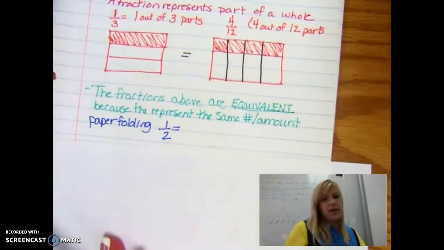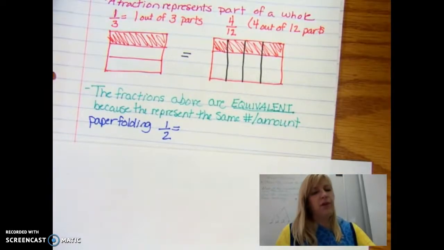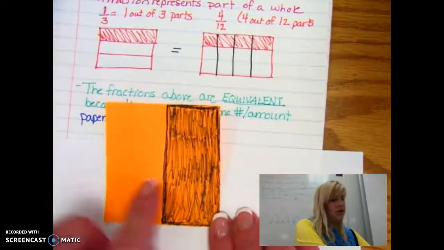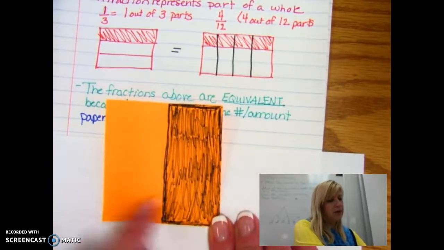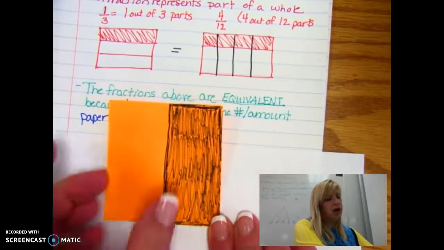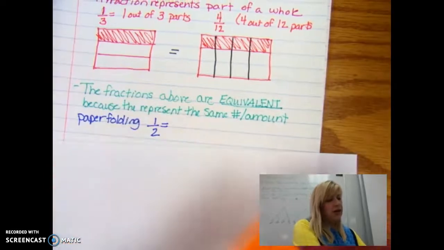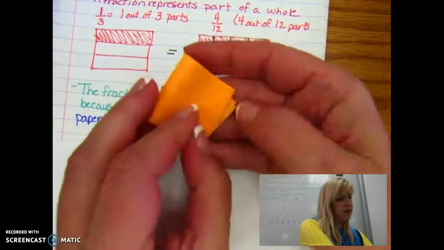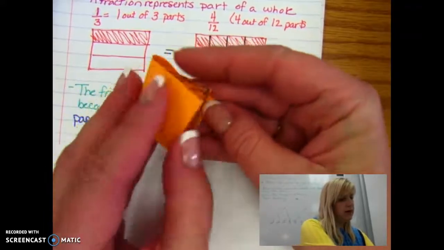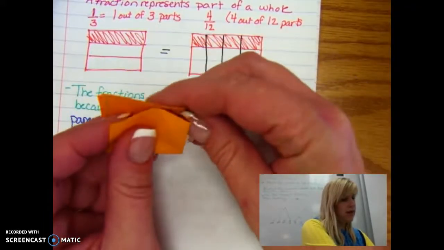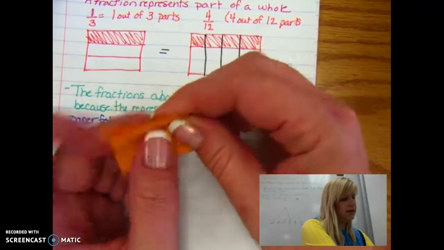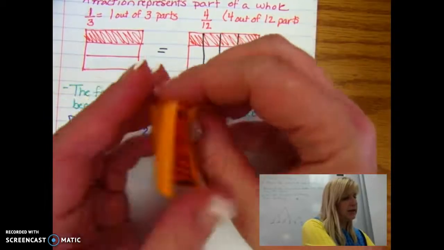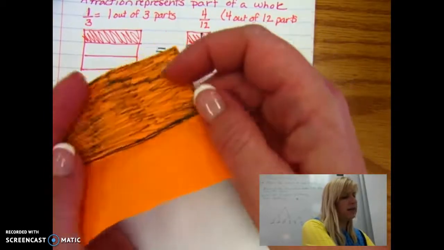I'm going to take a look at paper folding, and what I have done here is I've just gotten an orange Post-it note and I've shaded half of it. So this represents 1 of 2 parts. Now, if I simply fold this paper into half again, you've probably seen this done, and if I look at the lines, now how many out of how many do I have?